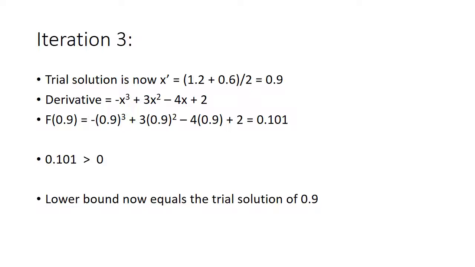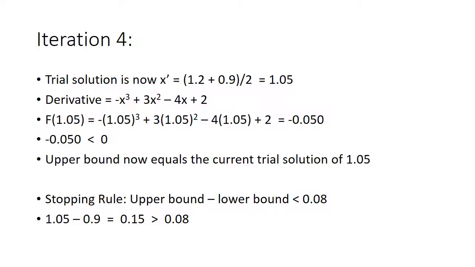We'll do the stopping rule here again. Our upper bound minus our lower bound needs to be less than 0.08 in order for us to stop. Our upper bound of 1.2 minus our lower bound of 0.9 equals 0.3, which is still greater than our stopping solution of 0.08. So we continue on to iteration 4.